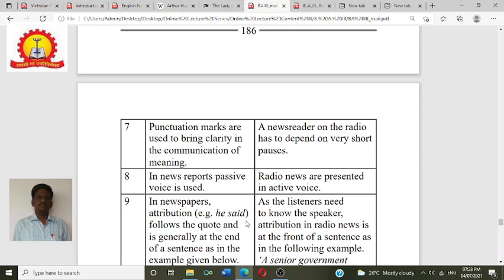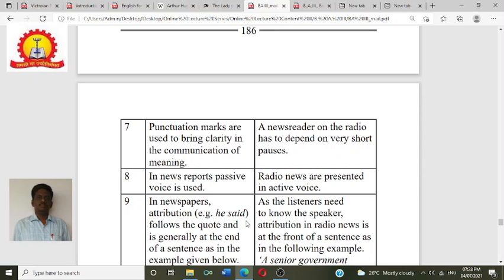You can't take long pauses when speaking on radio, because every minute is counted with money. As a result, you should have very short pauses to bring clarity in the communication of meaning. So this is the difference between print media and radio broadcast.